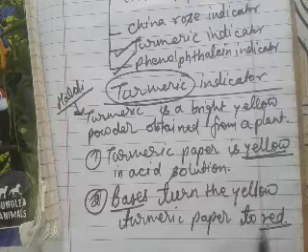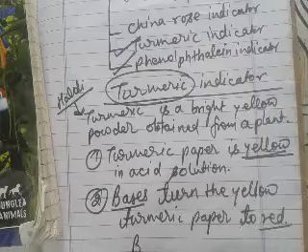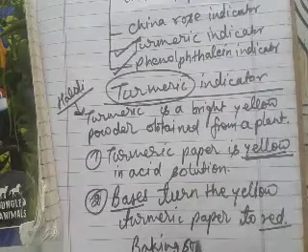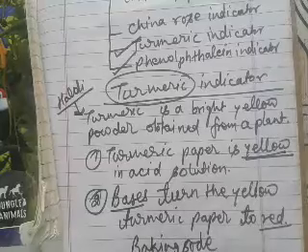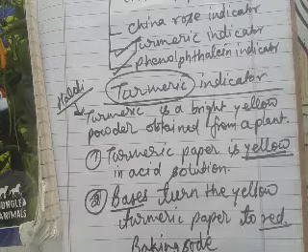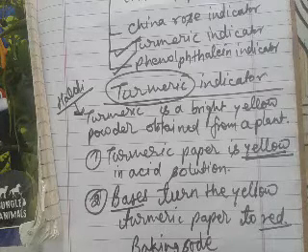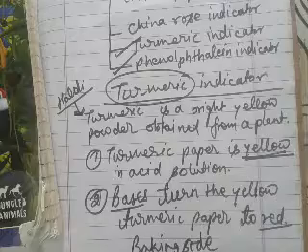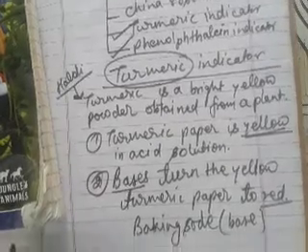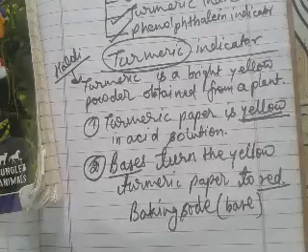So if we use turmeric paper with baking soda, the baking soda changes the yellow turmeric paper into red color because it is a base. Baking soda is a base.